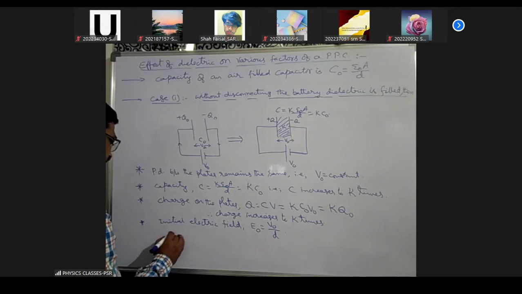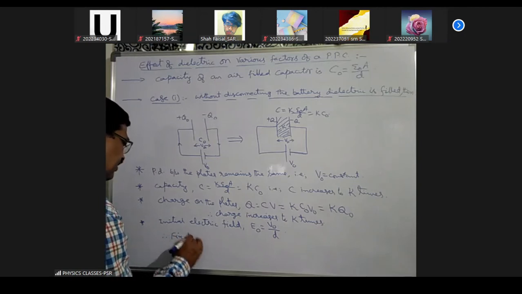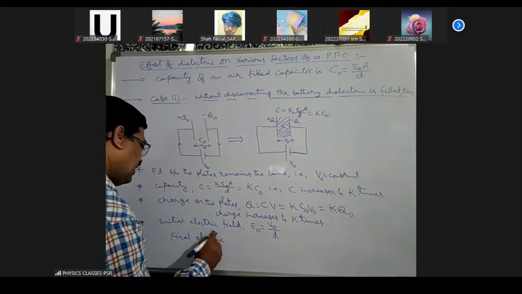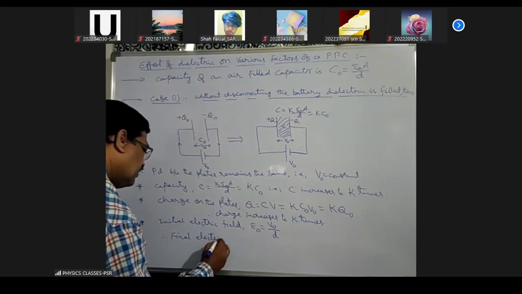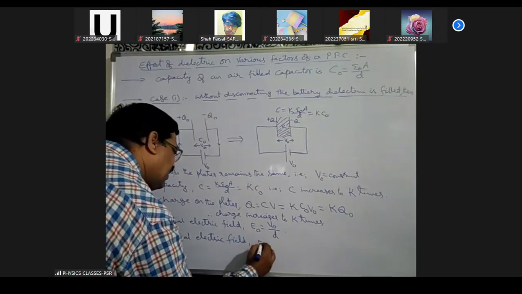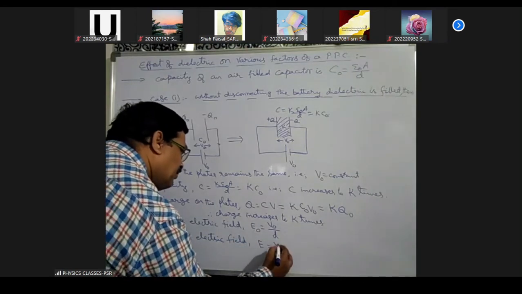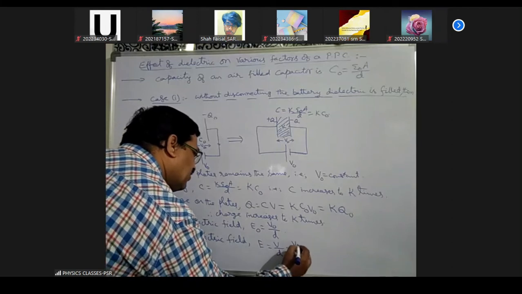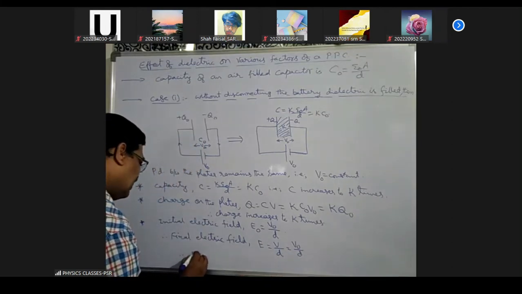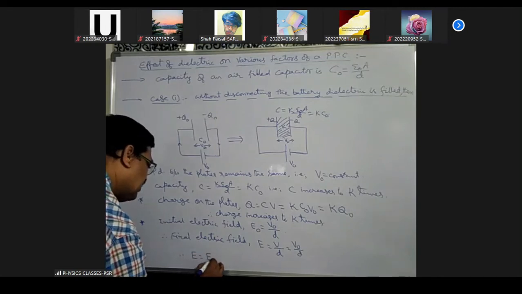Therefore, what is the final electric field? Same, sir. Right, very good. Final electric field E is equal to V by D. V is also V naught only, so V naught by D. Therefore, E is equal to E naught.